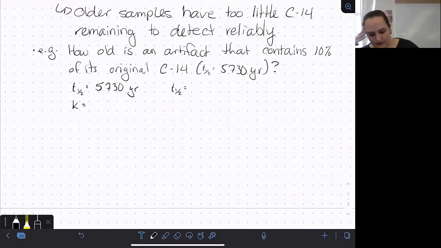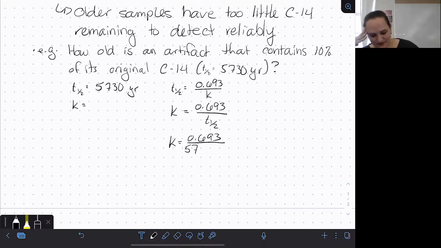My half-life is equal to 0.693 over K, which means that my K is 0.693 over the half-life, or 0.693 over 5,730 years, which gets me a value of K of 1.21 times 10 to the minus fourth inverse years.